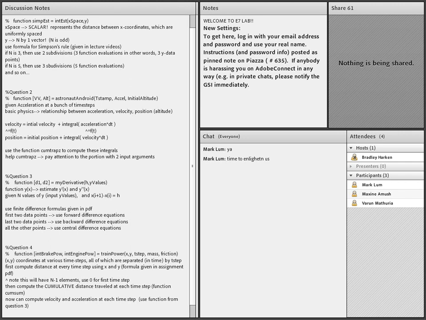Once you have the force, then you can compute the power, which again is just force times velocity. And remember, you're going to probably want to use an element by element multiplication here, since we have force at several time steps as well as velocity at several time steps.